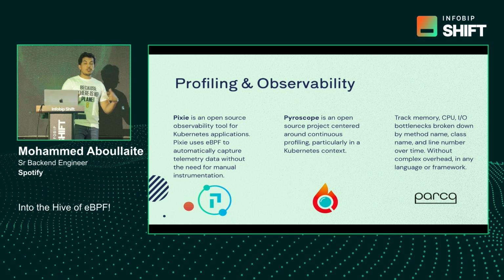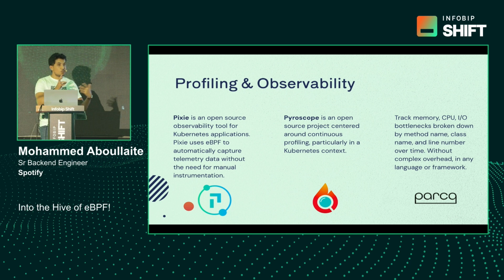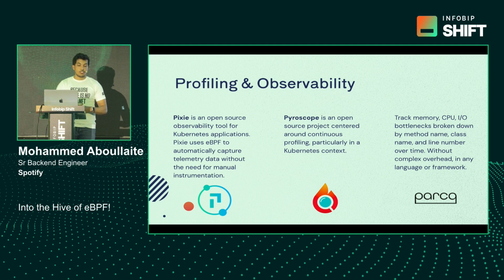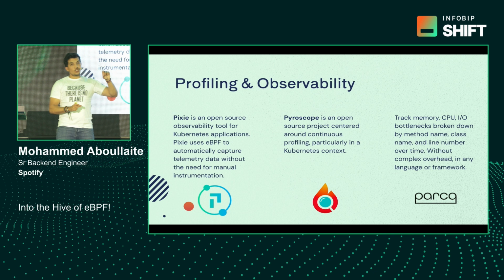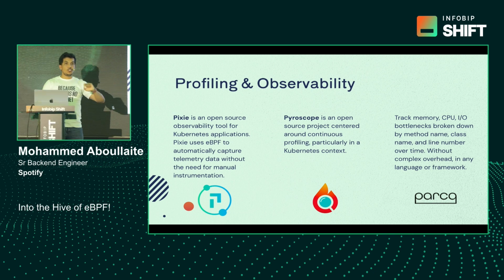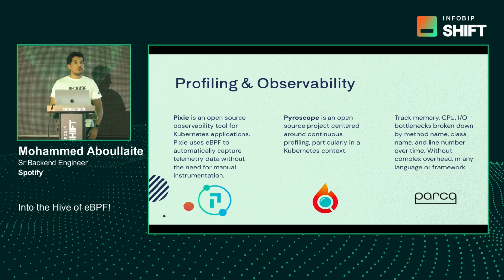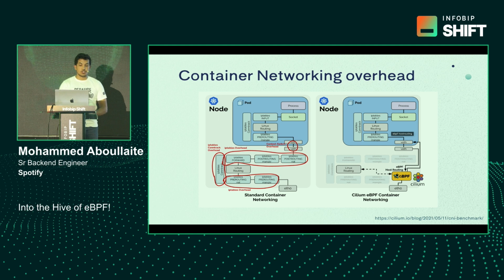It's more than a profiling tool, it does monitoring as well. But there is also Pyroscope from Grafana, and Parca as well. All of them are open source, I think, and good, and all of them are based on eBPF. And the good thing is the overhead that they add is very minimal. It's 2% to your infrastructure, which is way less than what we used to have with traditional tools.